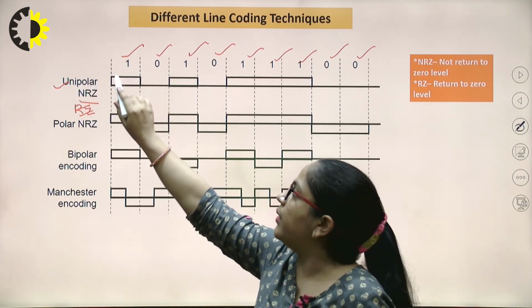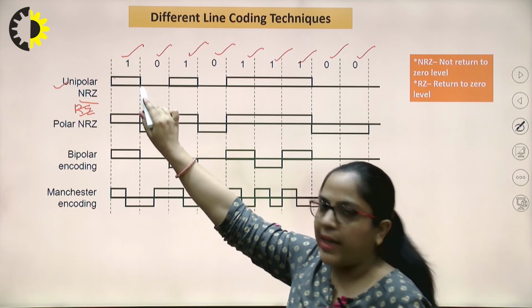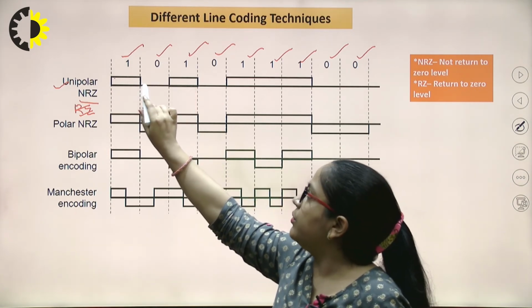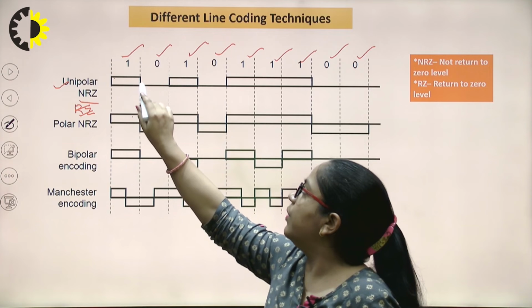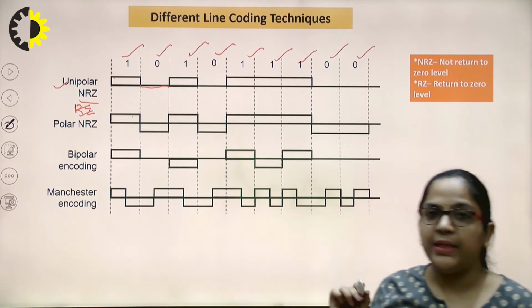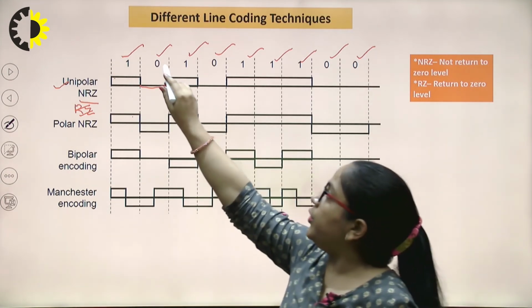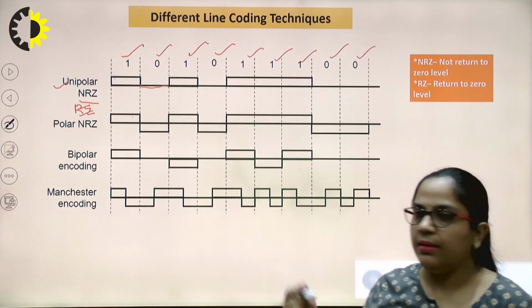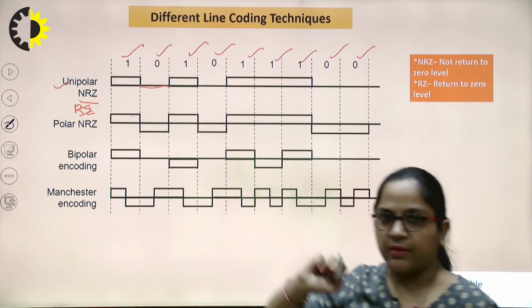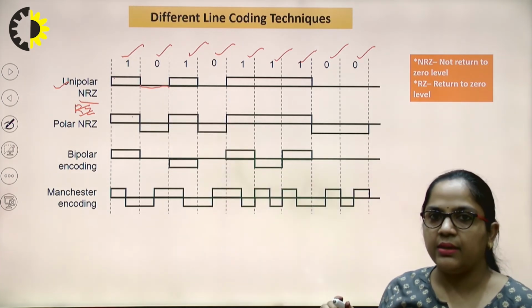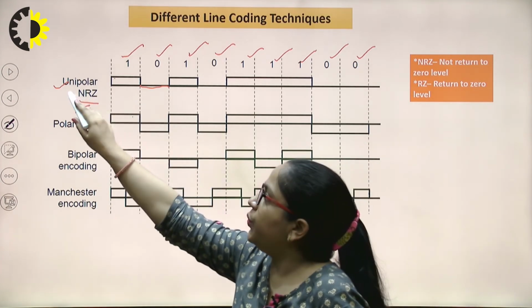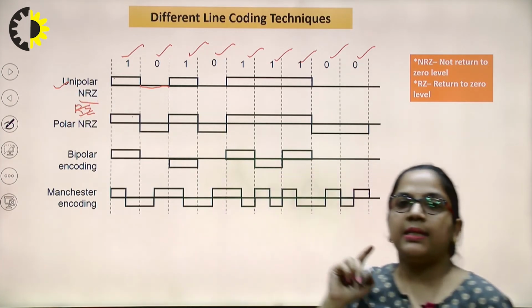Corresponding to binary 1, we assign a positive polarity, and corresponding to binary 0, we assign 0 voltage level. That means there is no waveform corresponding to binary 0 and there is a positive polarity signal corresponding to binary 1. This is how we represent digital data as a digital signal with the help of unipolar. Unipolar means single polarity.